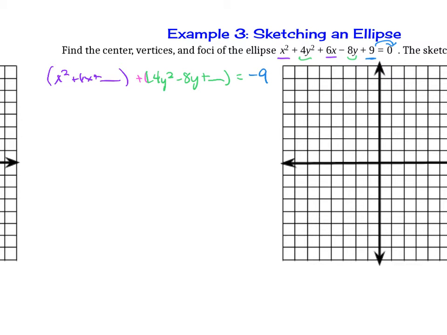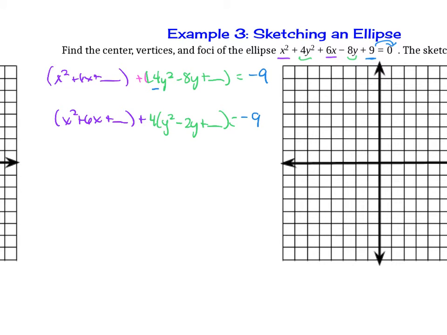Okay, so just rewriting things. Now remember, to complete the square, a has to be 1. So let me rewrite it, and let's factor out a 4. So 4 times y squared minus 2y, since 8 divided by 4 is 2, plus blank, and that equals negative 9.